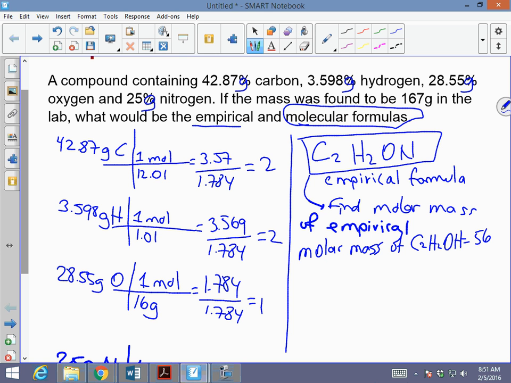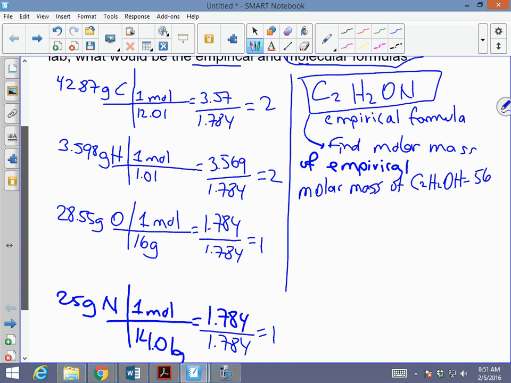I need to find the molecular. So I take what they give me, which is 167, divided by what I got, which is 56. That gives me 3. Apply that 3 to the empirical.